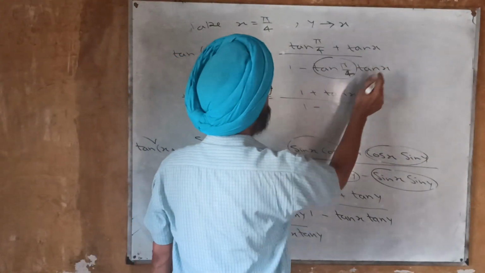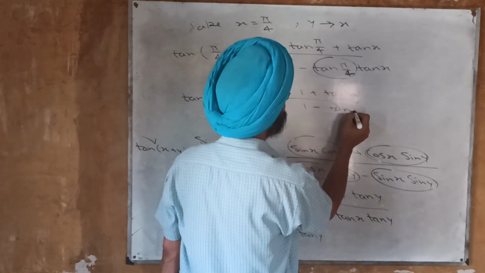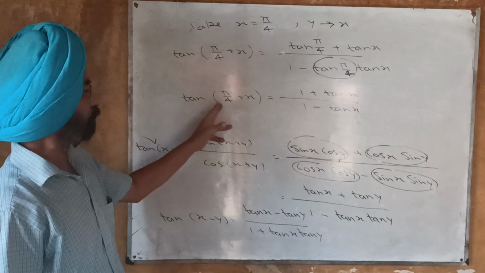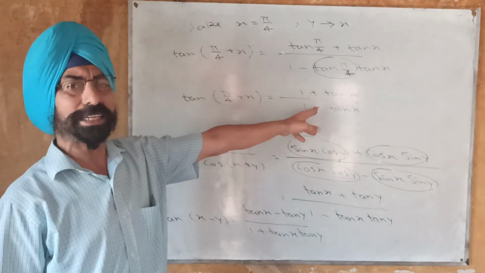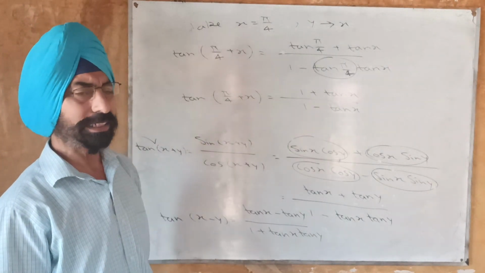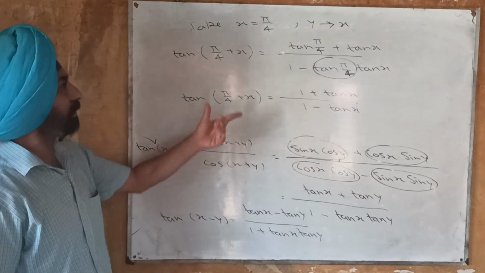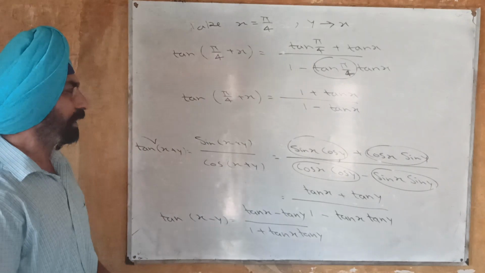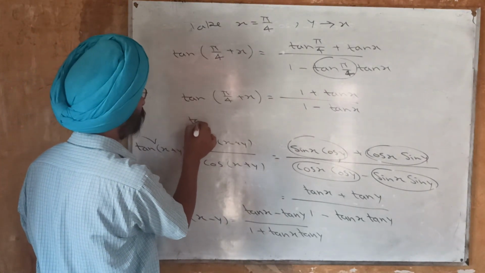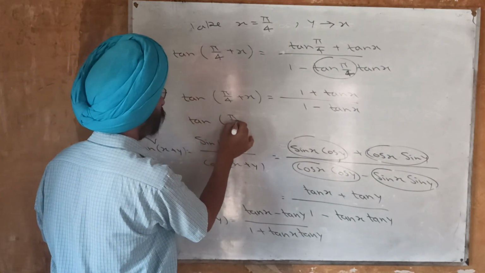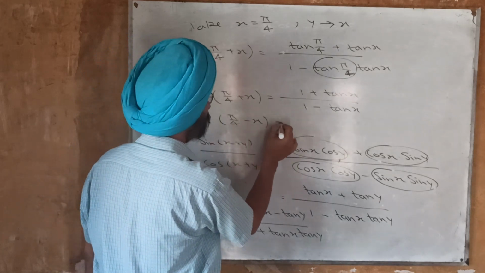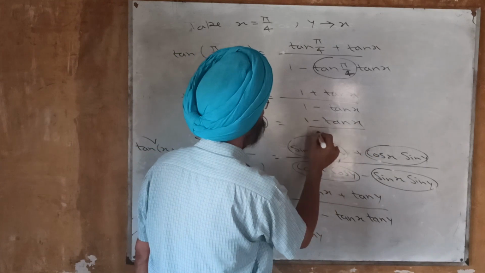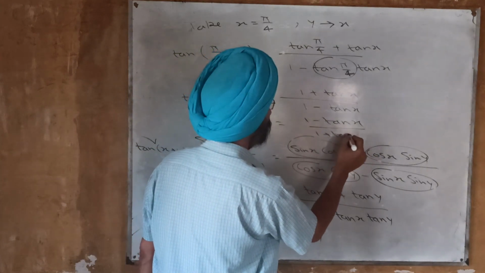So 1 into tan x is tan x. So another important identity is here: tan(pi/4 + x) = (1 + tan x) upon (1 − tan x). Similarly, if you make the same changes in the formula for tan(x − y), you will get tan(pi/4 − x) equal to (1 − tan x) over (1 + tan x).